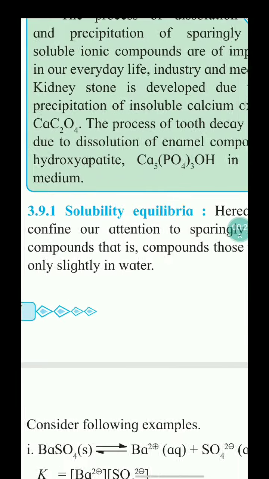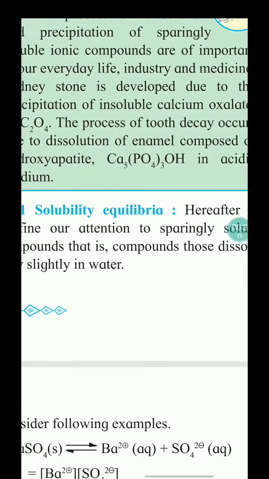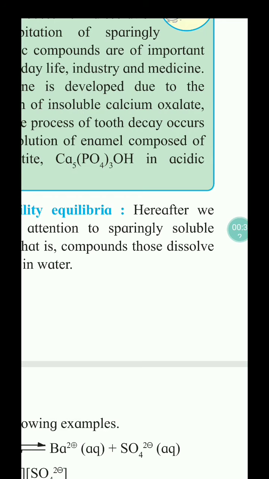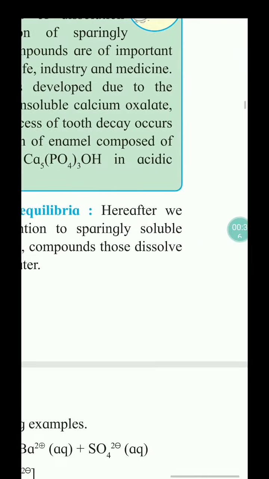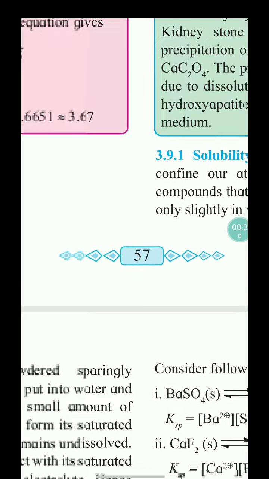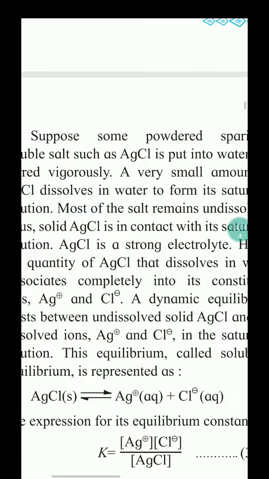Solubility equilibrium. Here, we confine our attention to sparingly soluble compounds, meaning compounds that dissolve only slightly in water. They are called sparingly soluble salts.